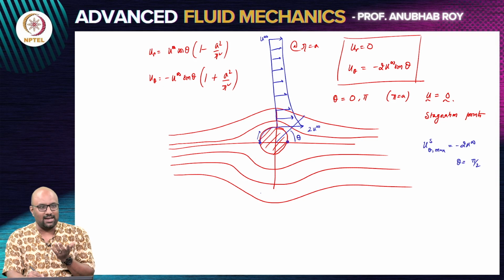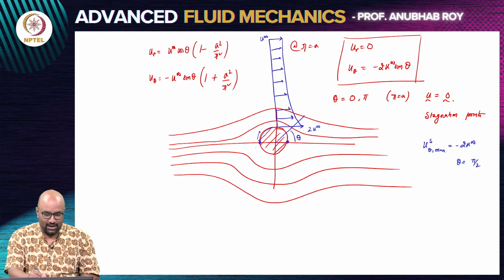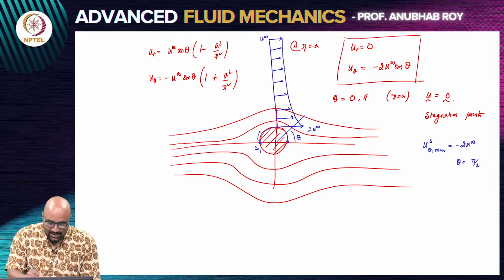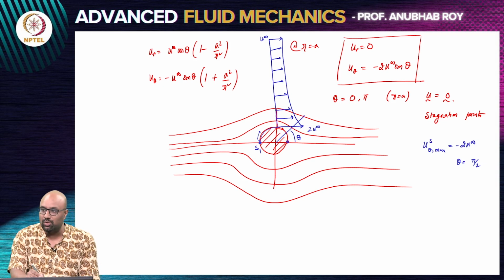The radial velocity is anyway 0, there is nothing to think in terms of radial motion. But because we are doing potential flow, I am allowed to slip. So, as I am slipping on the cylinder surface, I start from the stagnation point S1 and I start to accelerate. I accelerate and achieve the maximum velocity, and then I will start to decelerate.